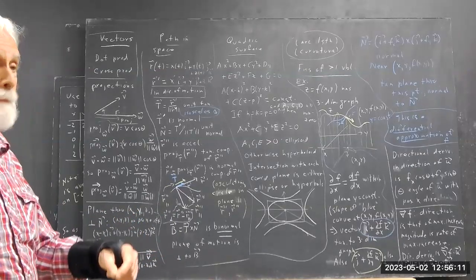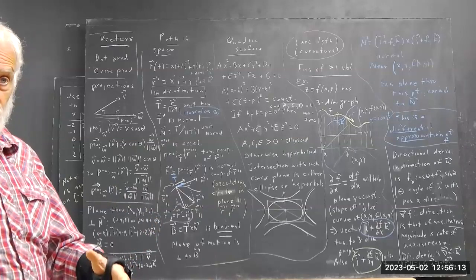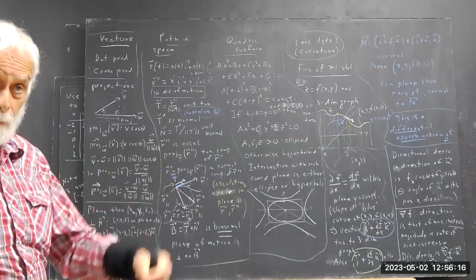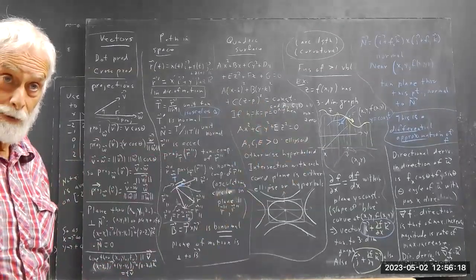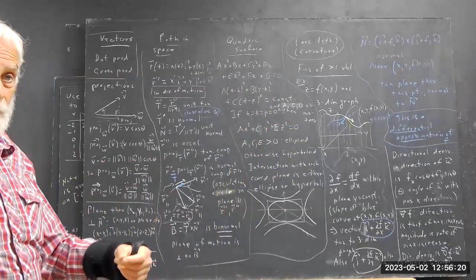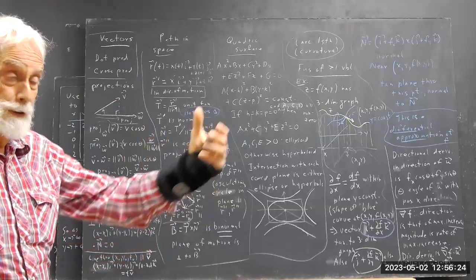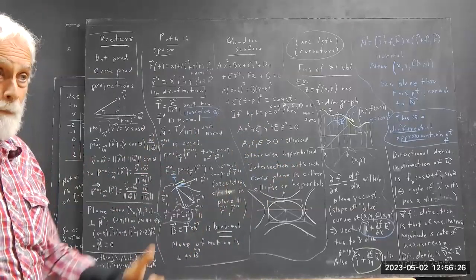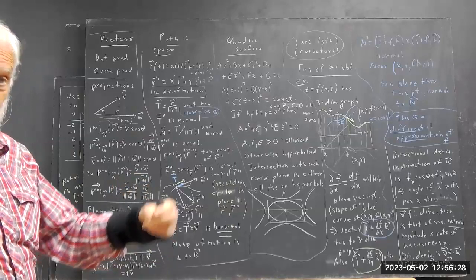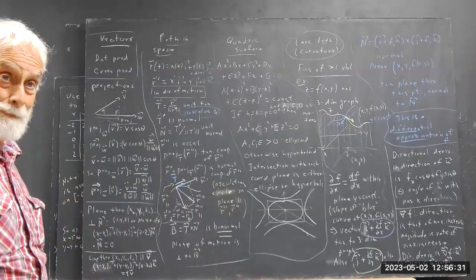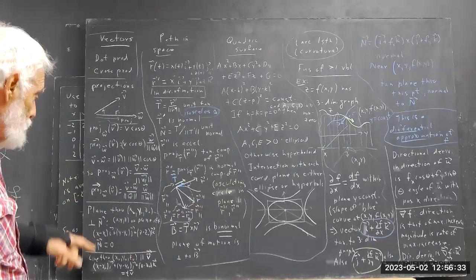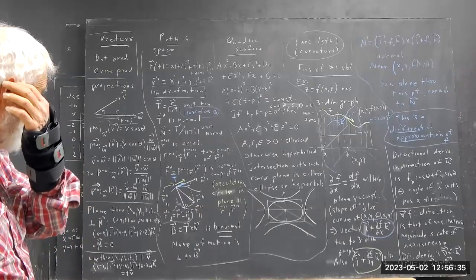That's also why, if you have the equation of a plane, AX plus BY plus CZ equals some constant, then your normal vector is Ai plus Bj plus Ck, just for the same reason. It's an equivalence. You want to understand that, you want to have that picture.